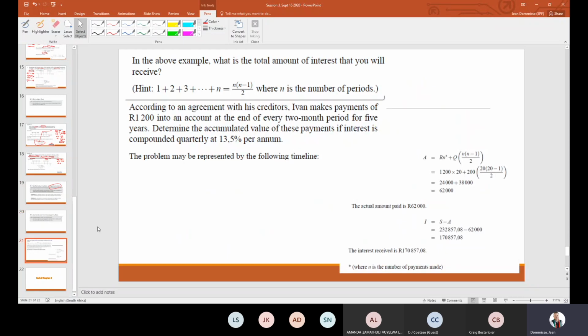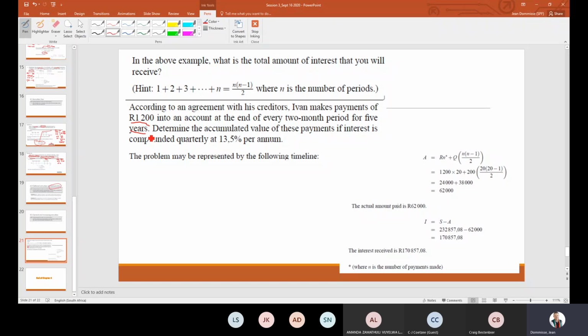So the last one is this one, and this is nearly a combination of a few things. So let's look at what it says. According to agreement with his creditors, Ivan makes payments of 1,200 into an account at the end of every second month, or every 2-month period, for 5 years.